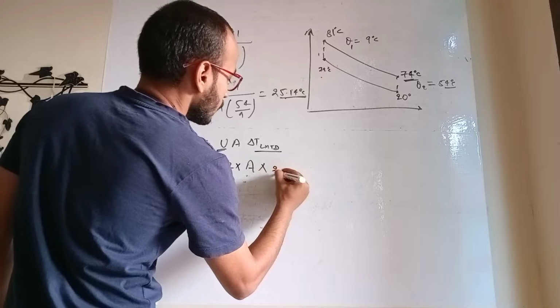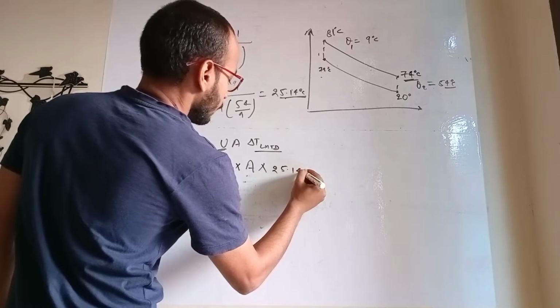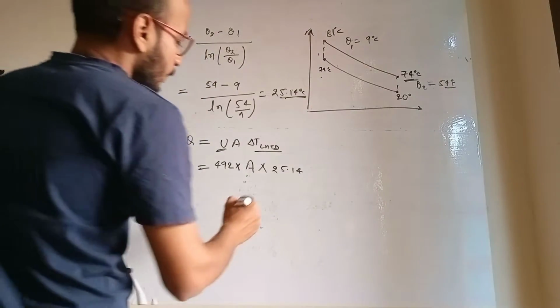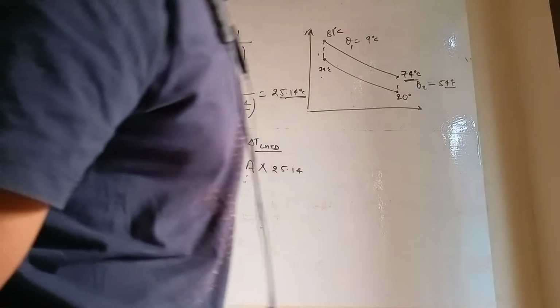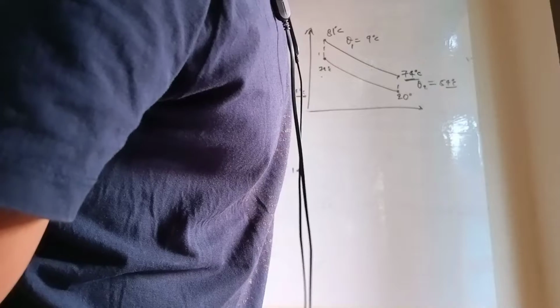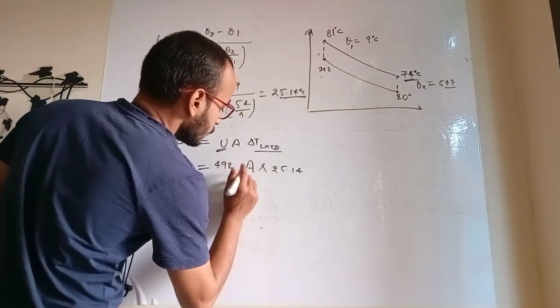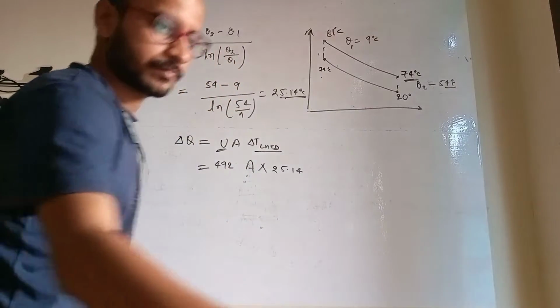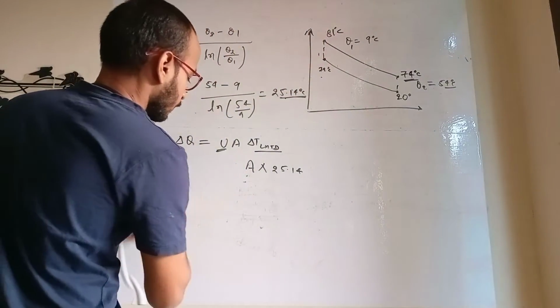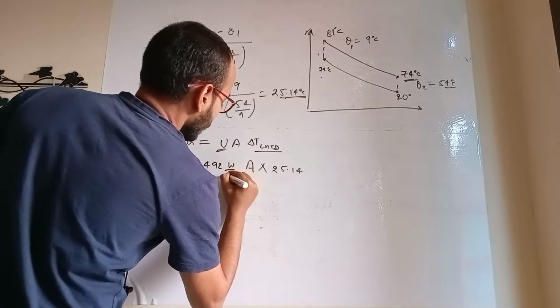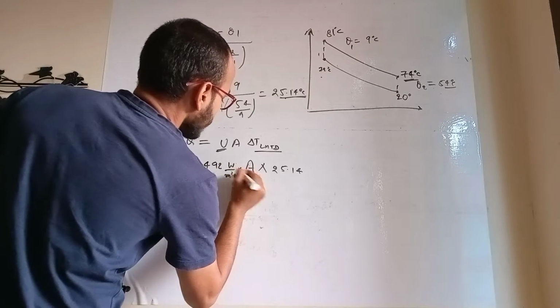25.14. Let me write the unit also. 492 watt per meter square Kelvin.